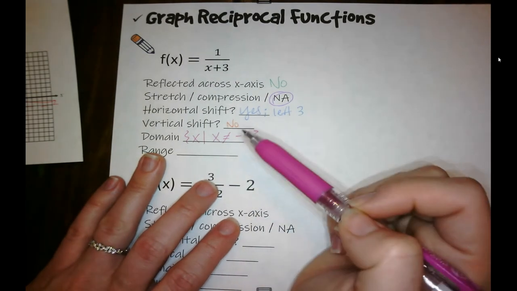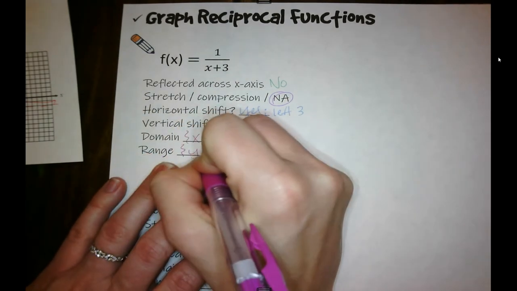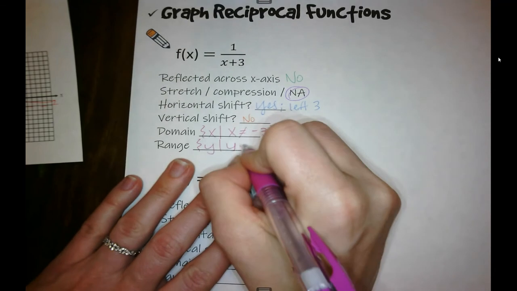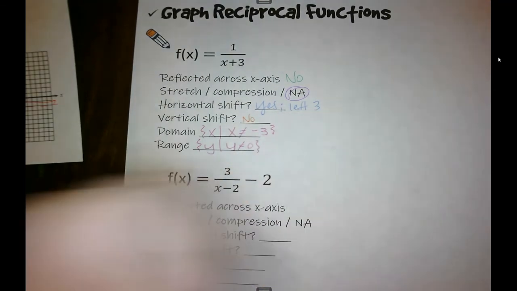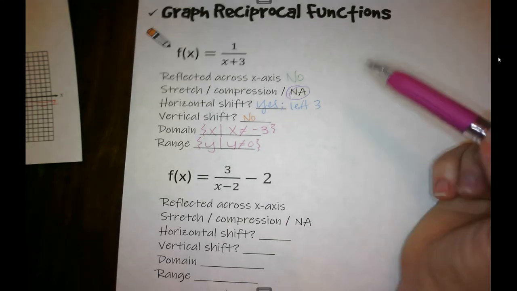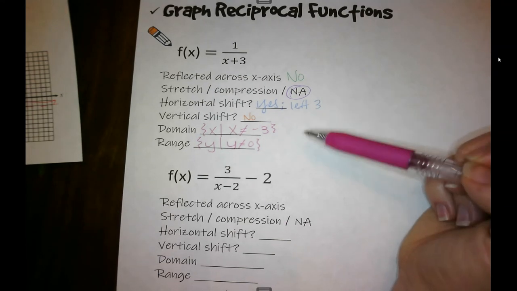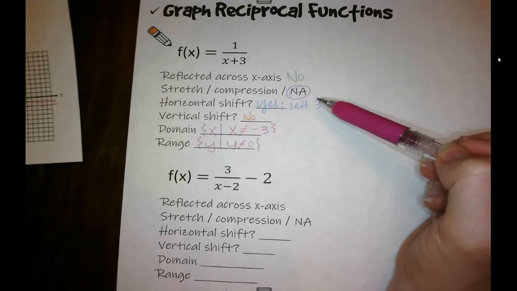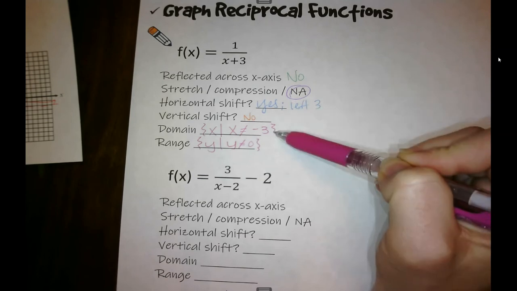And since we didn't move it up or down, y stayed the same at y equals 0. So this is where there's another correlation. Our horizontal shifts are going to be our domain.